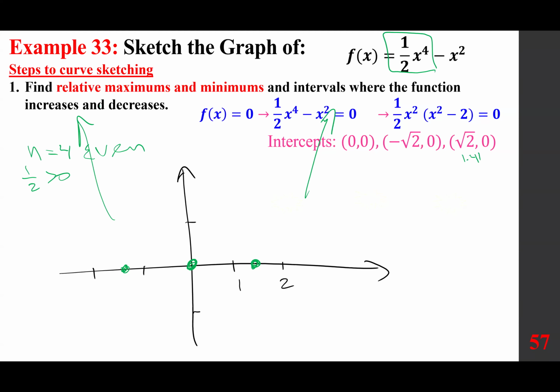Number one. Number two, when we look at the zeros or x-intercepts, this one means two of them, so each one has exponent 1, or it's odd. This one has exponent 2, so 0, 0 has multiplicity 2. They use m to represent multiplicity. So that means the graph can't cross that.